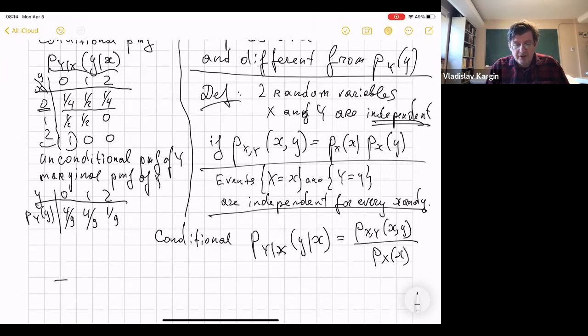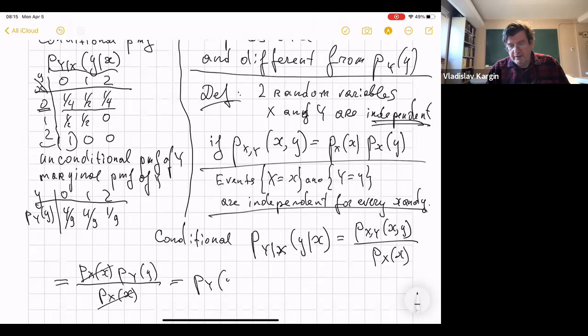Then, by the definition of independence, the numerator factors, so we have p_X of x multiplied by p_Y of y, divided by p_X of x. This cancels out, so we have p_Y of y.